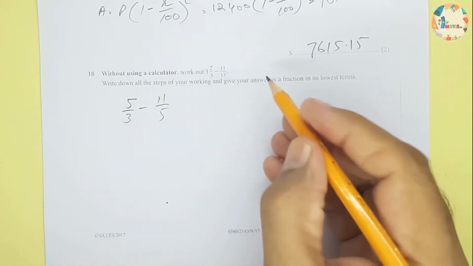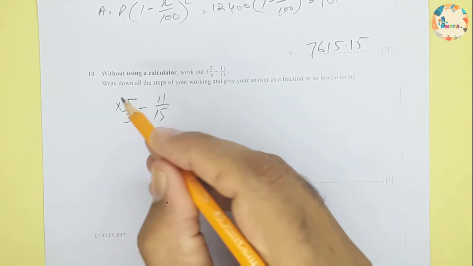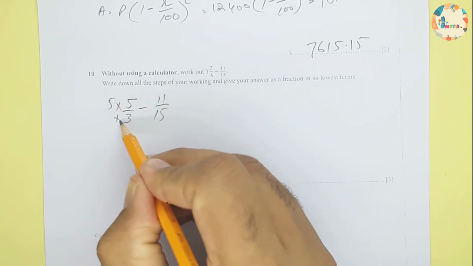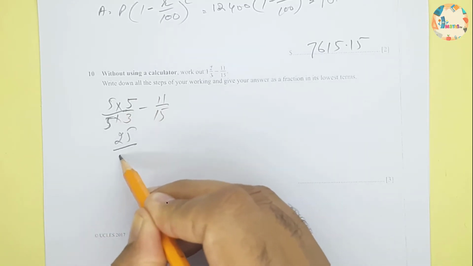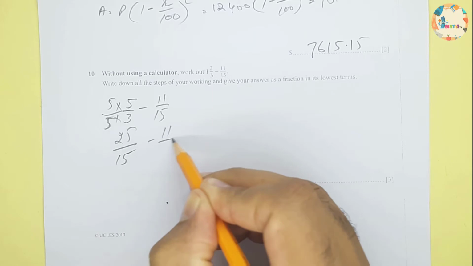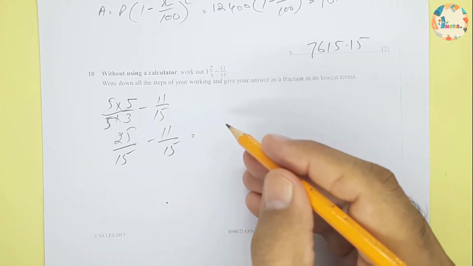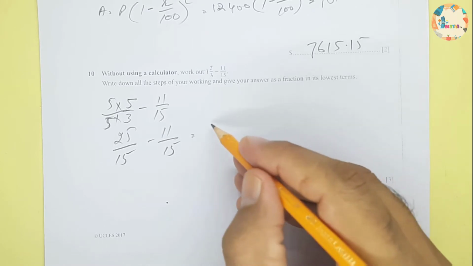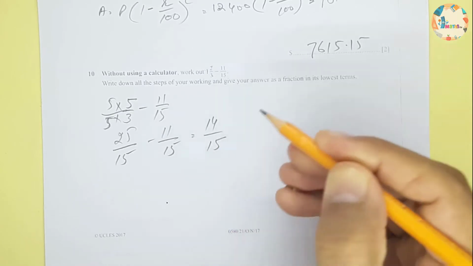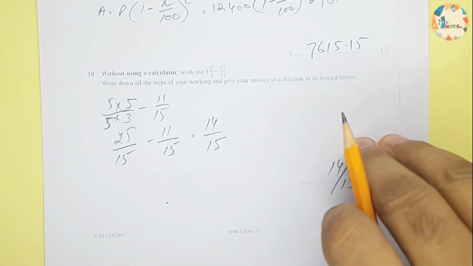Now equalizing the denominator, we'll have to multiply this by 5 and this also by 3, and this will be 25 over 15 minus 11 over 15. Now we can subtract. This will be 14 over 15, and this one will be our final answer, 14 over 15.